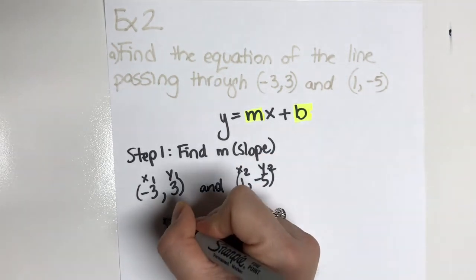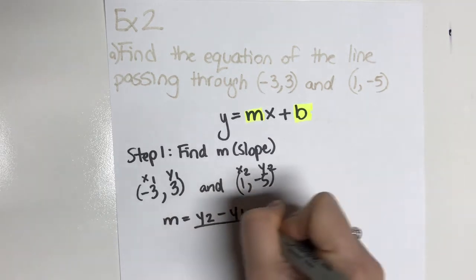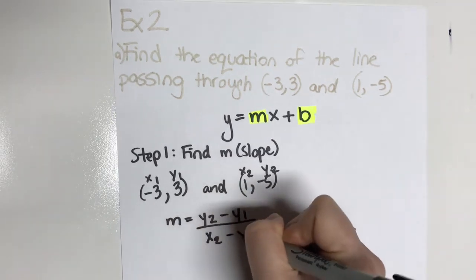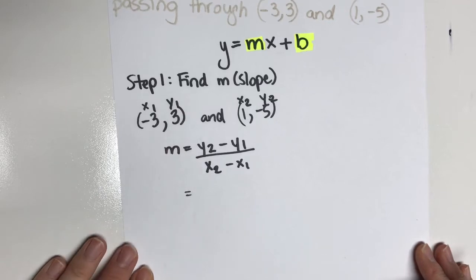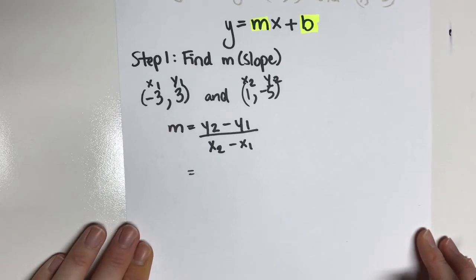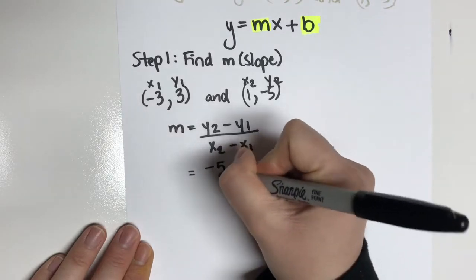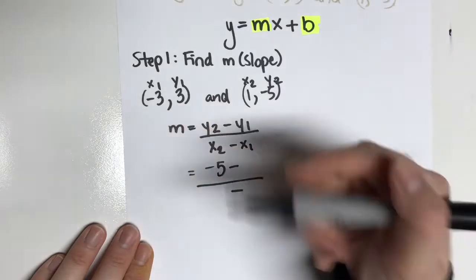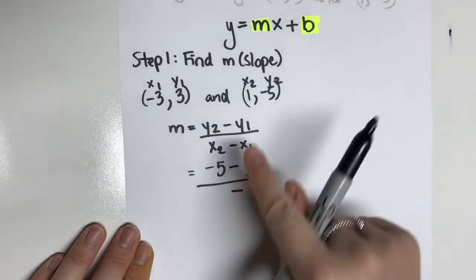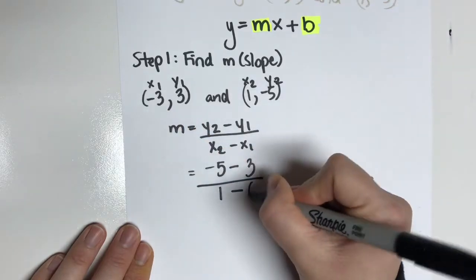And the formula is that slope is equal to y2 minus y1 over x2 minus x1. I'm going to substitute my values into the equation. So I know that y2 is -5, y1 is 3, x2 is 1, and x1 is -3.